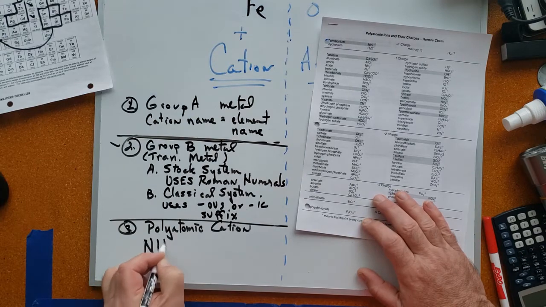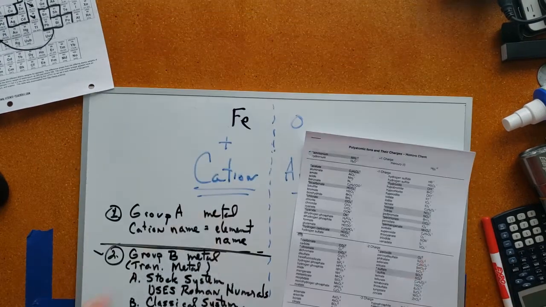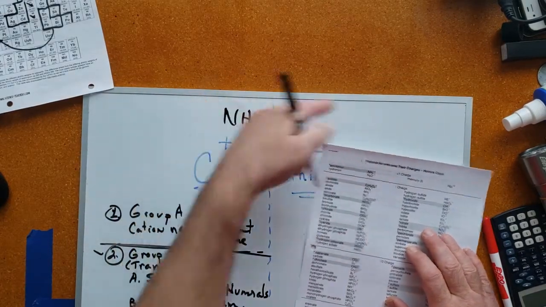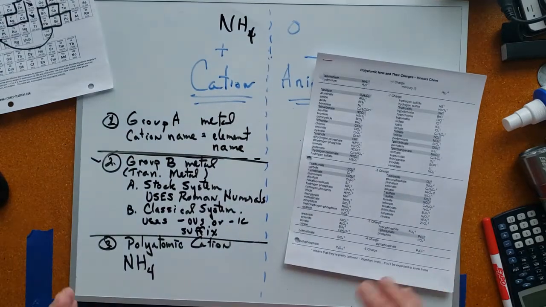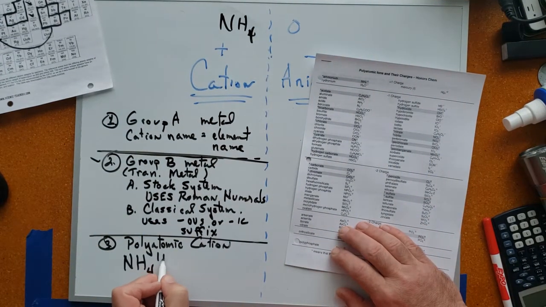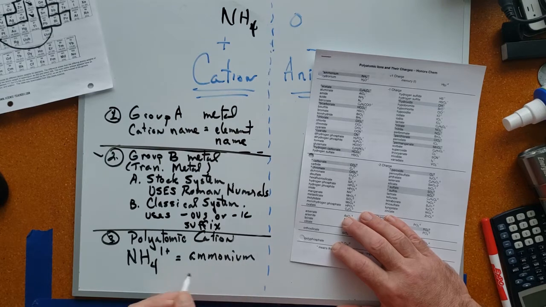You want to look out for something that has the formula NH4 right out in front. So it would be NH4O, for example. What is NH4? It is the singular polyatomic cation with a +1 charge that we need to know. And its name is the ammonium ion.